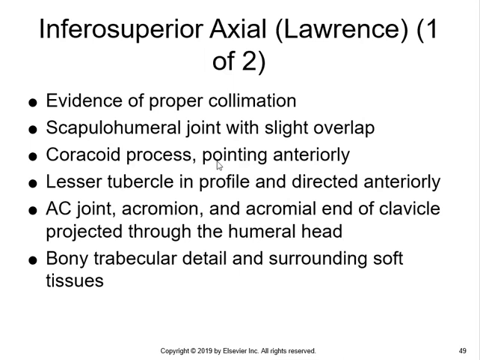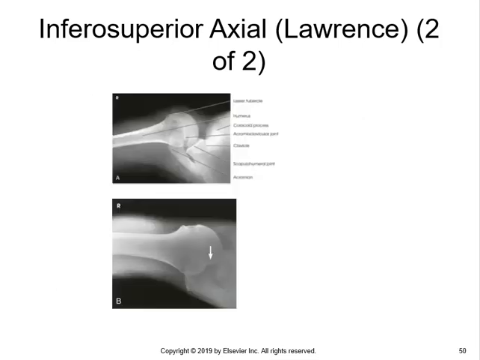But it should be pointing anteriorly. You should see the lesser tubercle in profile, the AC joint and acromial end of the clavicle should be projected through the humeral head, and I'll point that out as well. And then again, bony trabecular markings.